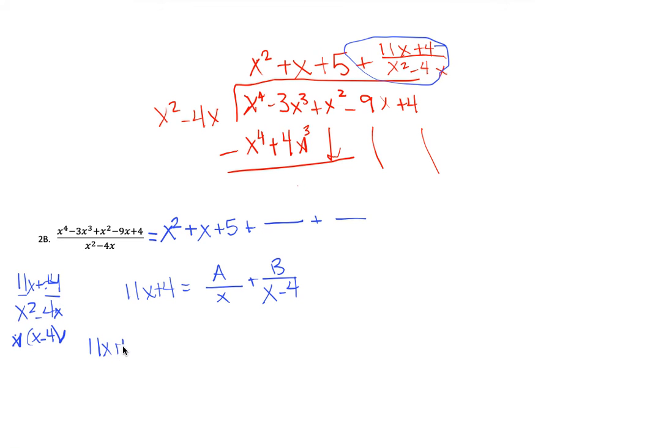11x plus 4 is equal to, I'm going to multiply my A by my x minus 4 and my B by my x. I'm going to distribute that.